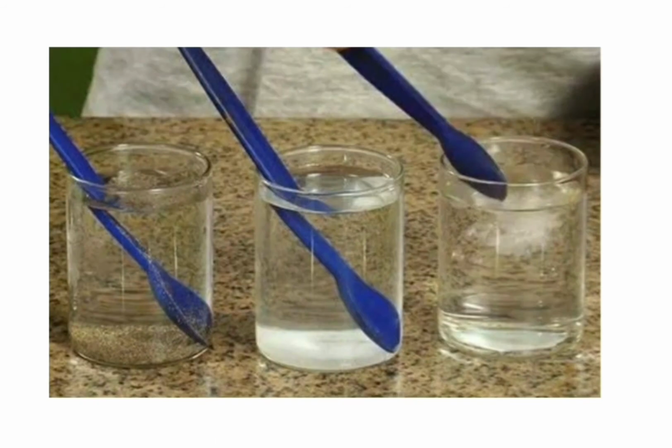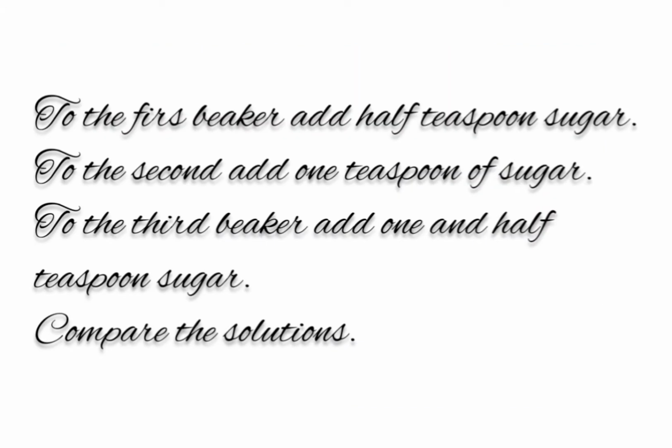Let us now observe three different solutions. Take 3 beakers and pour 100 ml of water in each beaker. To the first beaker, add half teaspoon of sugar. To the second, add 1 teaspoon of sugar. And to the third, add 1.5 teaspoon of sugar.